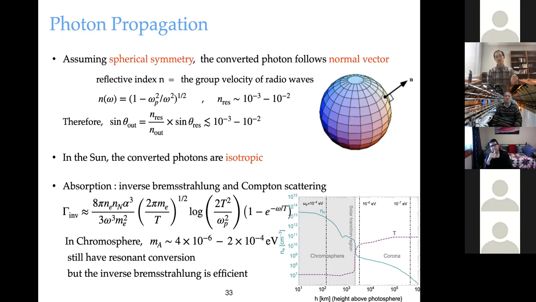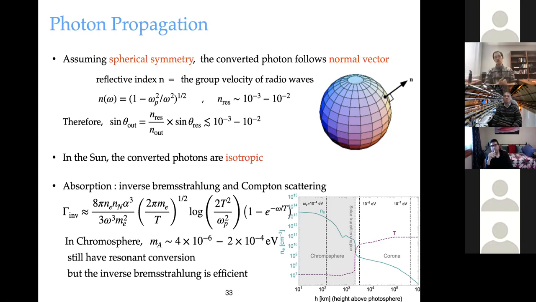It's because in the plasma, the refraction index is equal to the group velocity of the radial wave, and at the resonant conversion, the refraction index, or we say the group velocity, is 10 to the minus 3, 10 to the minus 2. Then you just compute that sine theta times n is equal to a constant.